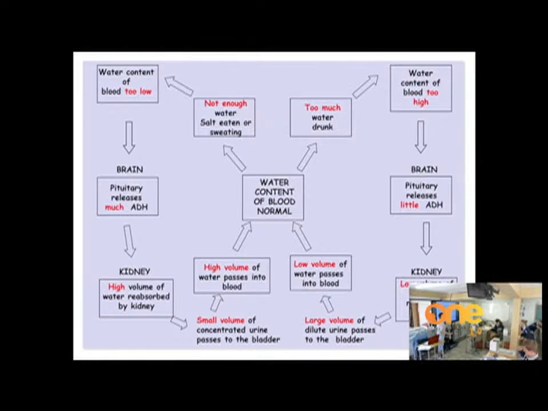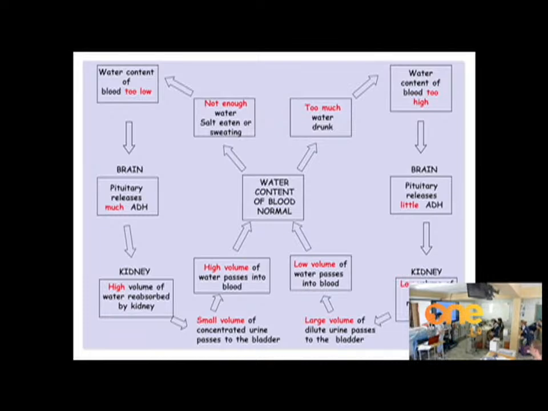But unfortunately, we drink more water or less water. So, if there is not enough water, what may cause not enough water? If you ate a lot of biltong, or you ate a lot of chips, a lot of salts, or you sweat a lot, or you just did not drink enough water.